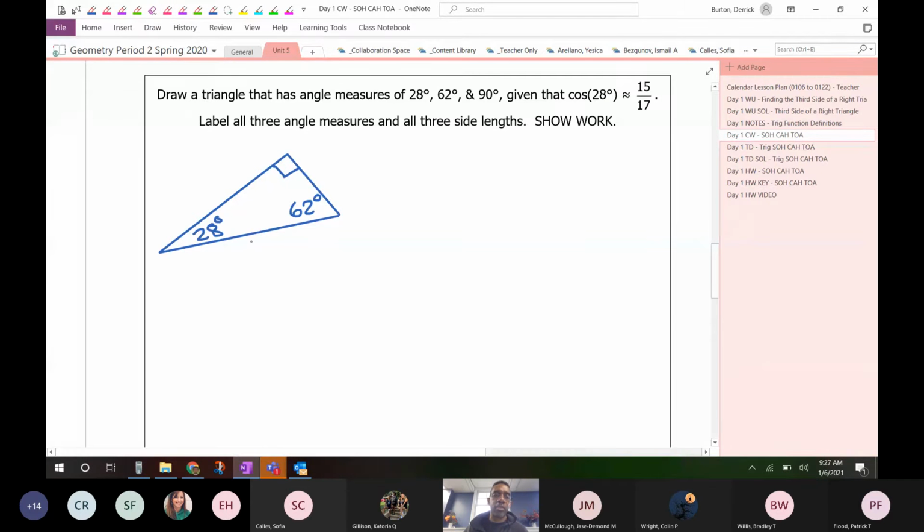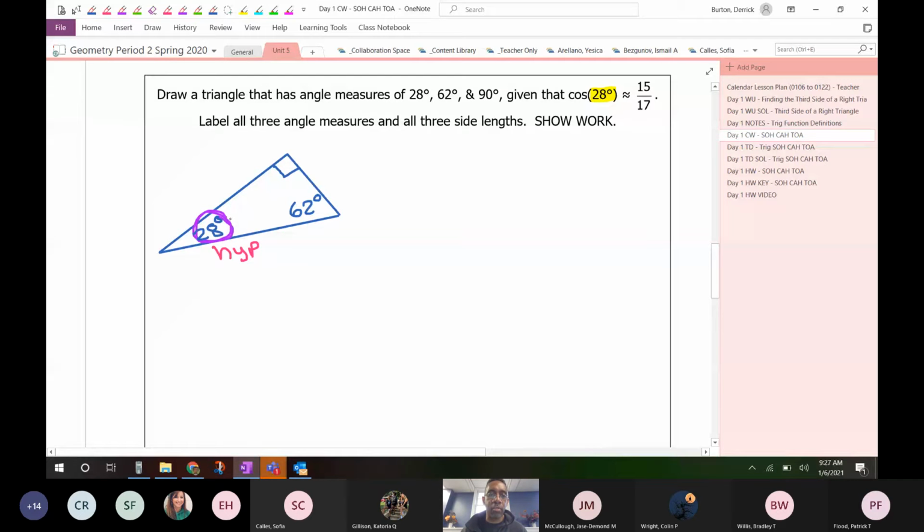Well, let's start off with the fact that this is the hypotenuse, because the hypotenuse is always, always, always across from the 90-degree angle. Notice that they have 28 degrees as the angle inside the trig function. So we need to circle that angle.